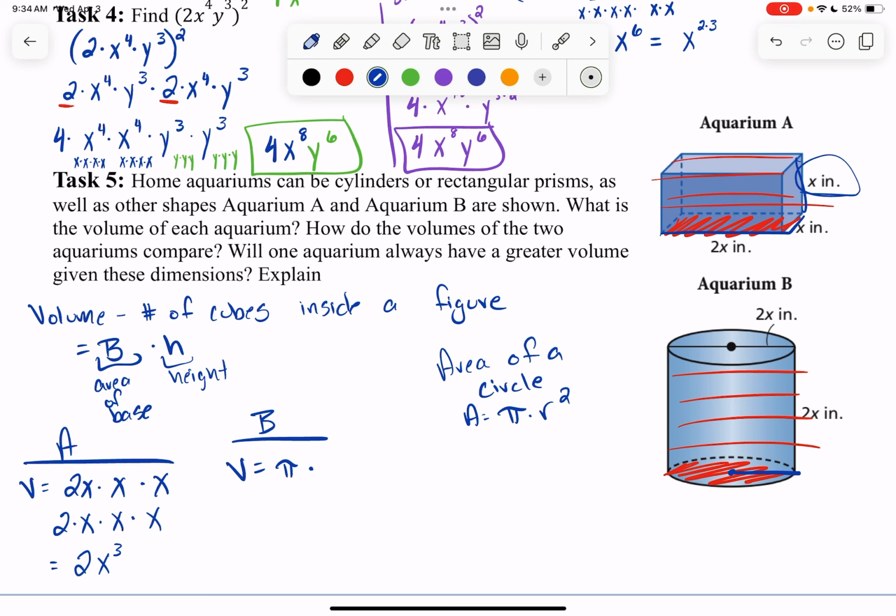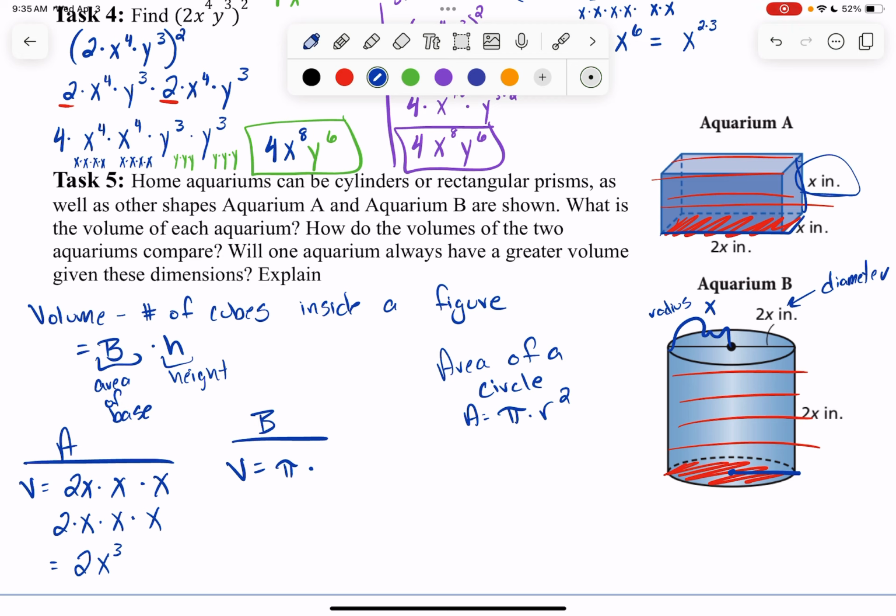Okay, now the radius on this guy, they show it as the full diameter all the way across. They have this going all the way across. So this right here is the diameter. So the whole way across is 2x. So only halfway across would be 1x. So the radius would be 1x.